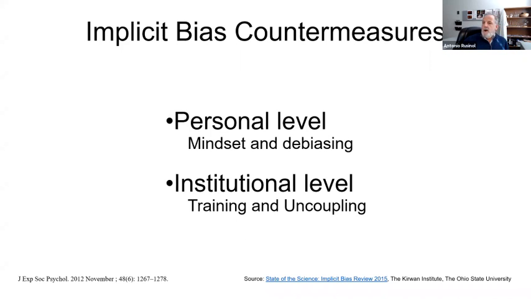And so, what are the countermeasures? Two main types of countermeasures. At a personal level, mindset and debiasing, and we'll see all the things that are included in that. And at the institutional level is training, which also has a lot of pushback now, and uncoupling, which is essentially assuming that everybody is going to have unconscious biases.